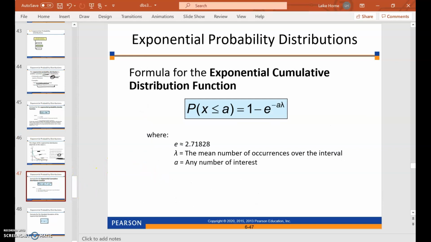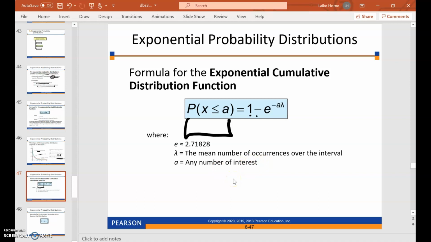So if we're trying to find the probability, it is cumulative. When you're finding the probability and you use this formula, it is going to be less than or equal to the value that you plug in for A, which is any number of interest.